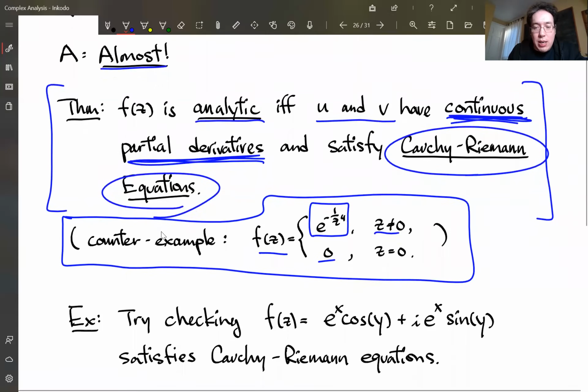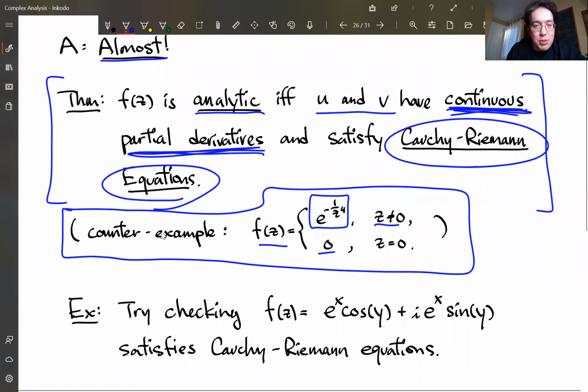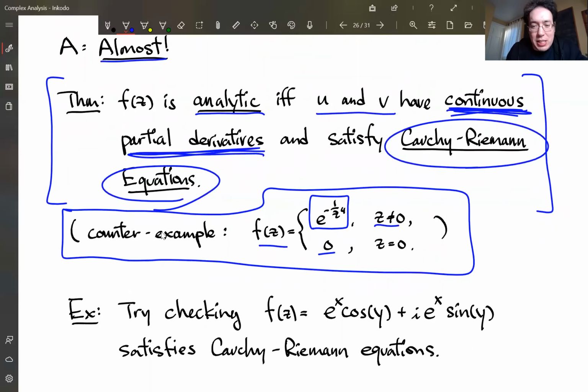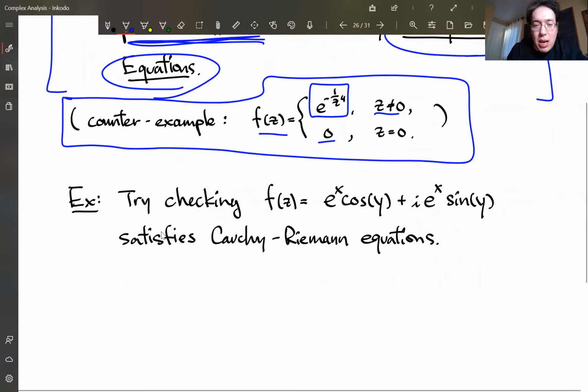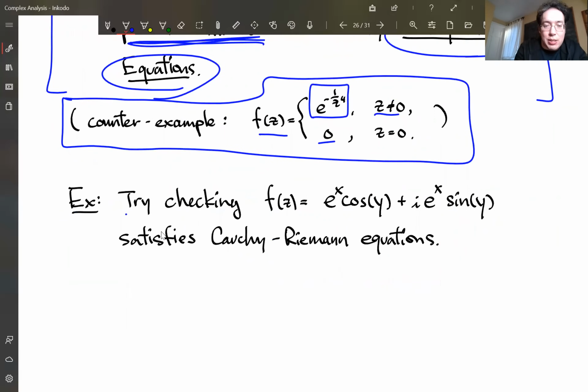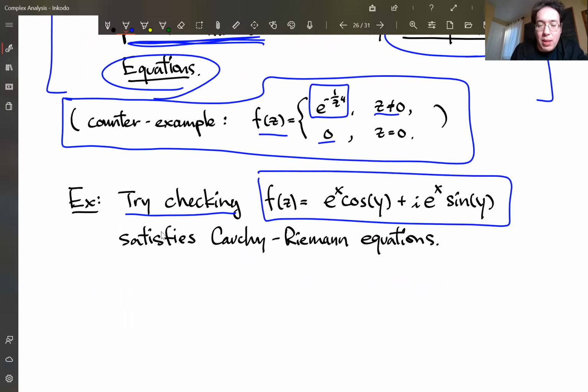All right. So let's do an example, or actually, I want you to try an example. I want you to try checking this function f: e to the x cosine y plus i e to the x sine y.